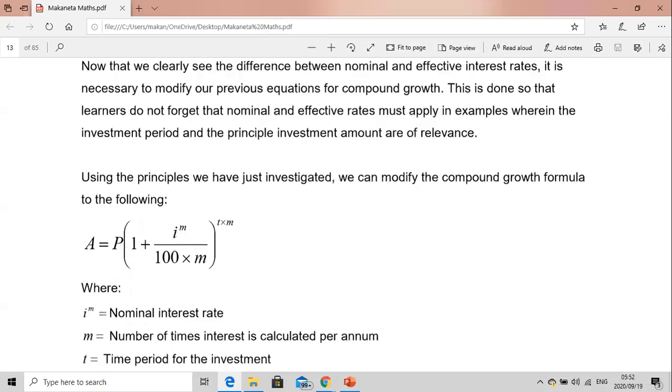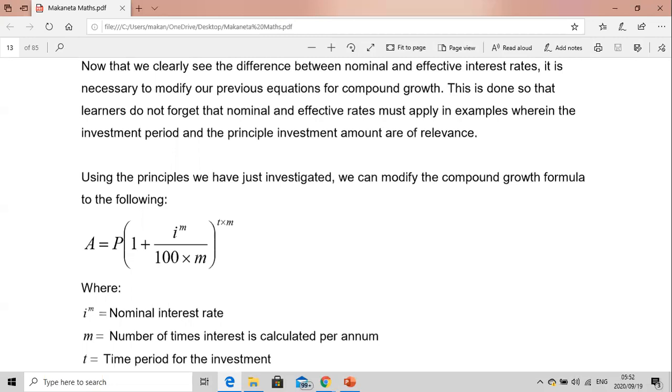Now that we can see the difference between the nominal interest rates as well as the effective interest rates, it is necessary for us to check also the previous equations so that learners don't have to face any difficulty.